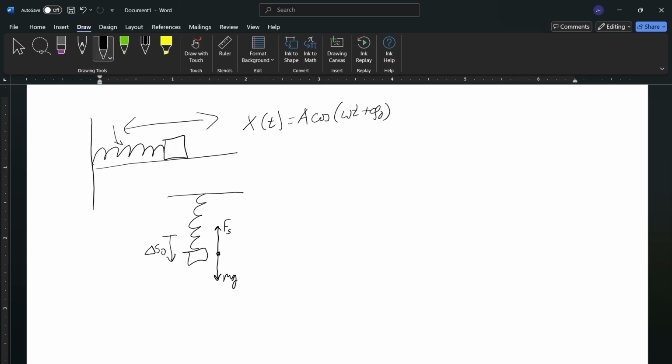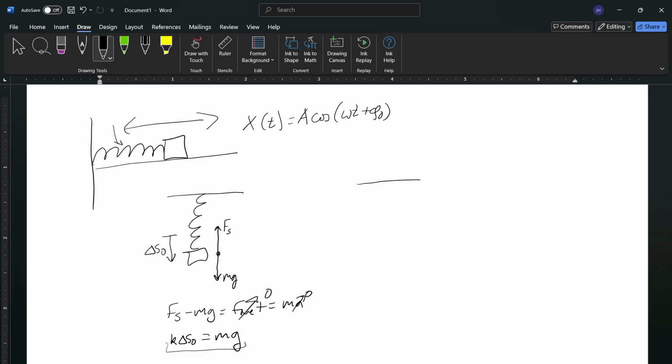We've got Fs minus mg equals F net, and F net through Newton's second law is equal to ma, but it's not accelerating, therefore the net force is 0. Therefore our spring force, which is k delta S 0 in this case, must equal mg. Okay, so let's hold that result here, and now let's analyze a fuller description.